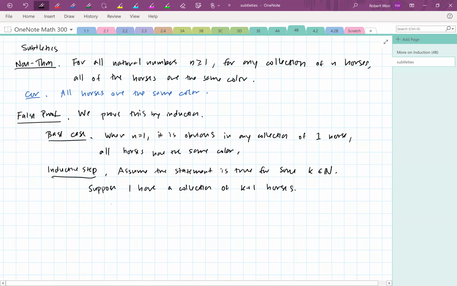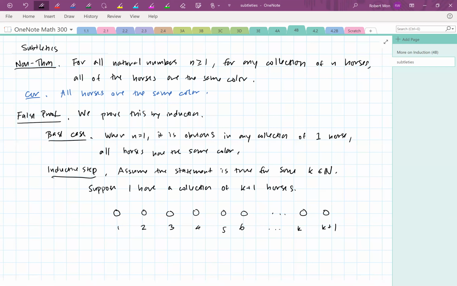So my horses, I'm like a physicist, my horses are going to be just massless circles, right? So here's k plus 1 horses, so let's put a dot dot dot here. So 2, 3. Actually, I didn't need to draw this many, but k plus 1. So here I have k plus 1 horses.